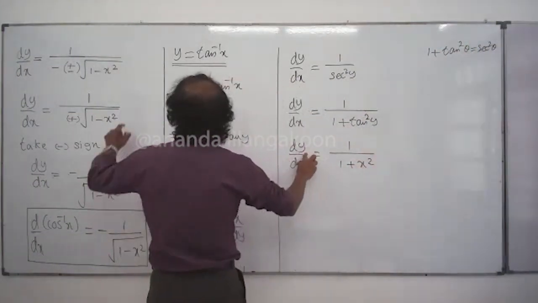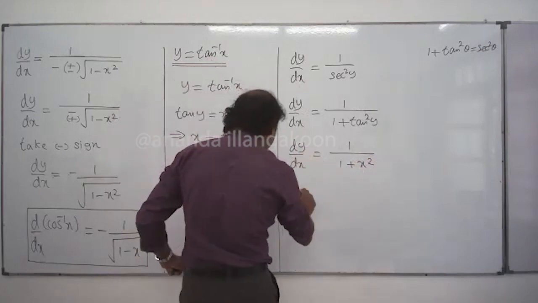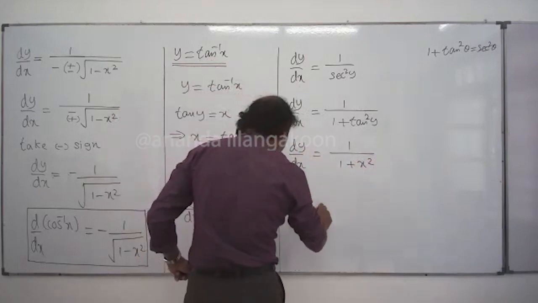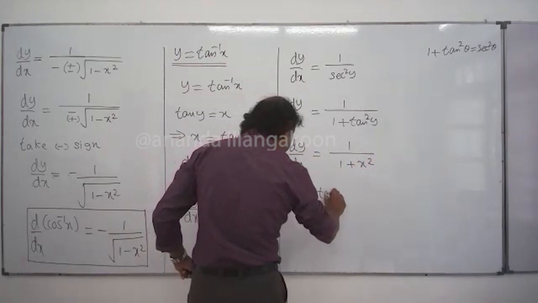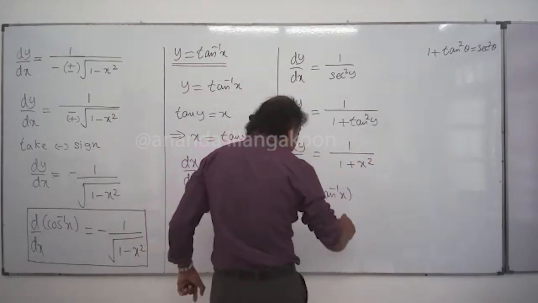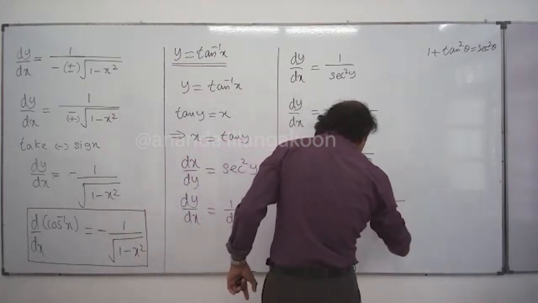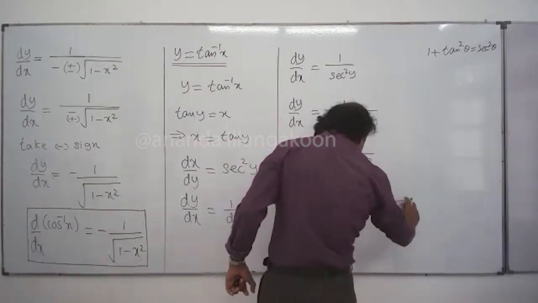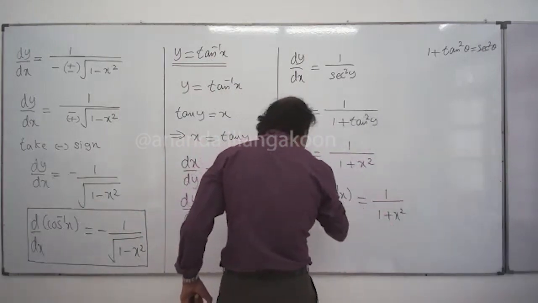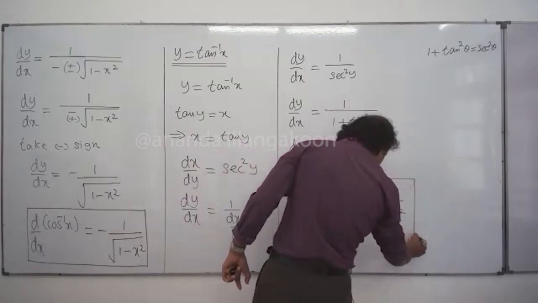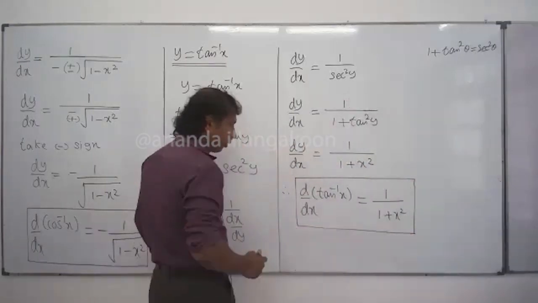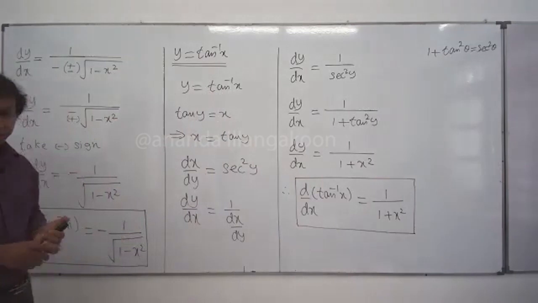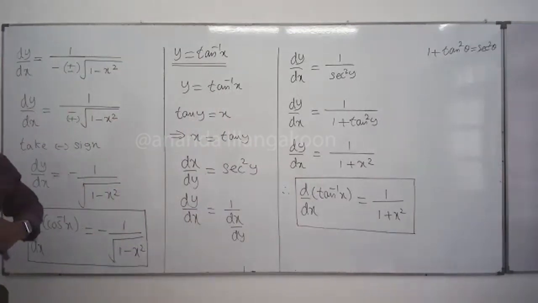Therefore, we get the final answer: d upon dx of tan inverse x is equal to 1 over 1 plus x squared. This is the derivative of tan inverse x. All these results you have to remember, people.